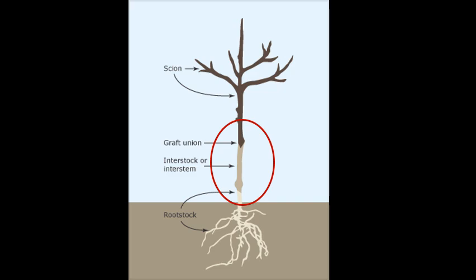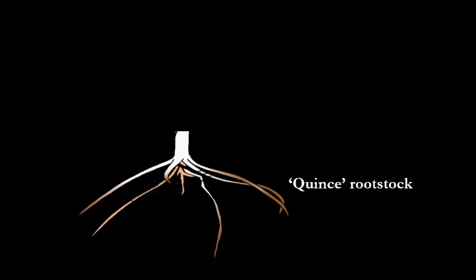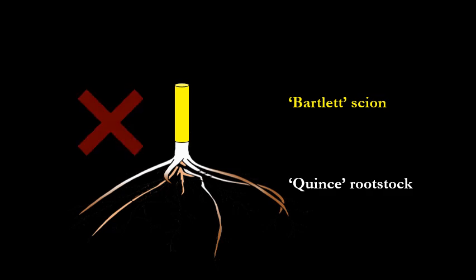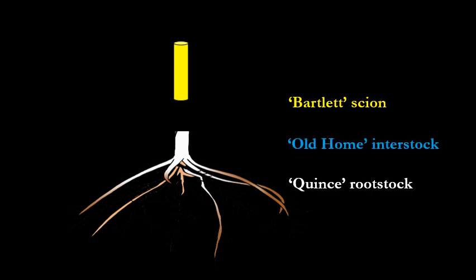A good example of non-translocatable incompatibility is the Bartlett pear grafted directly onto dwarfing quince rootstock, which faces incompatibility due to a chemical that is transferred from the quince rootstock. However, when a mutually compatible Old Home is used as an interstock, the three graft combination, which are Bartlett pear, Old Home, and quince, is completely compatible and satisfactory tree growth takes place.